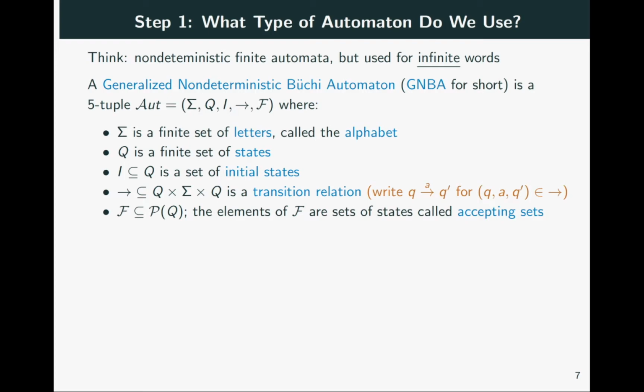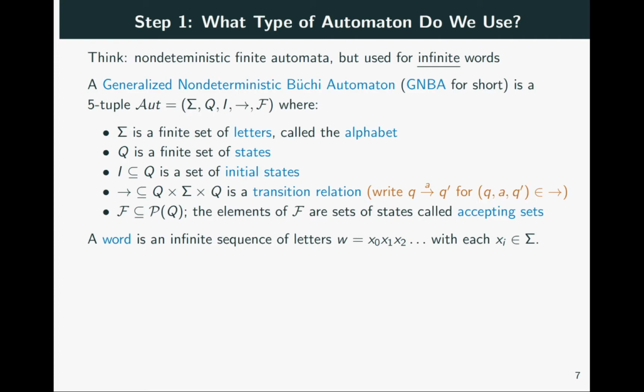And the set of final states from non-deterministic finite automata has been replaced here with a set of sets of states. And we don't say final, but use the term accepting. This is because, as we'll see next, we work with infinite words. And the idea is that, while running an infinite word through the automaton, we do not stop, as there are no final states, but must visit accepting states infinitely often.